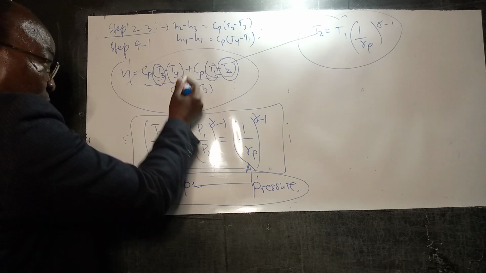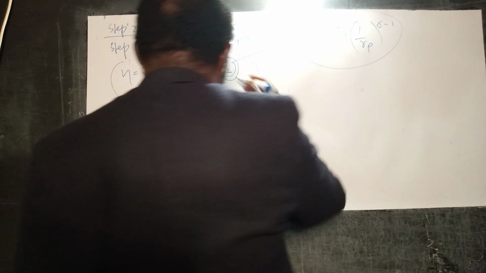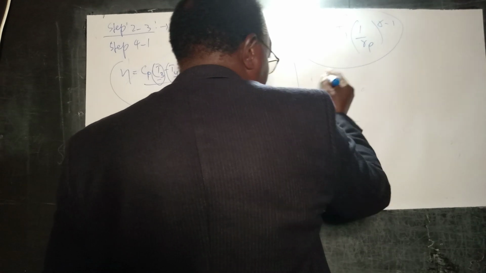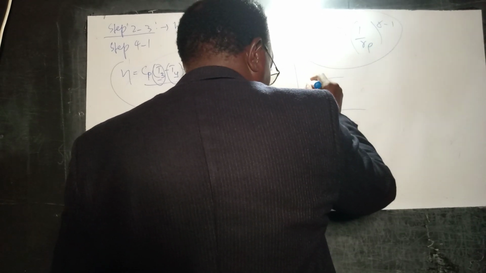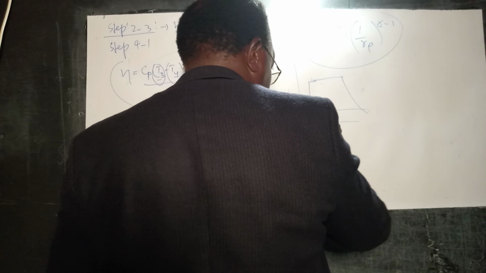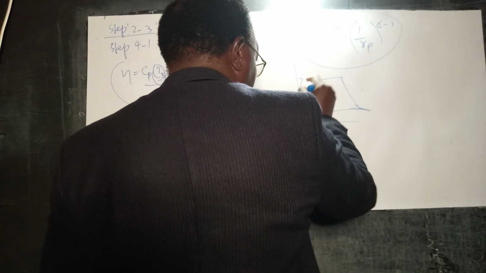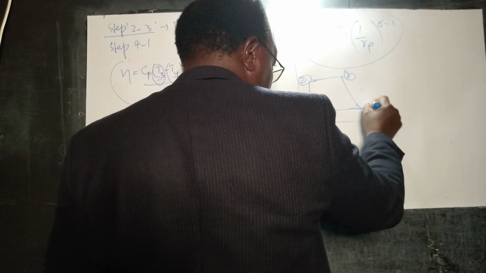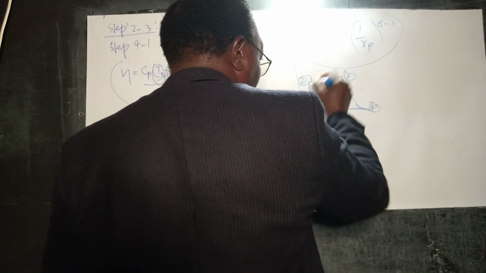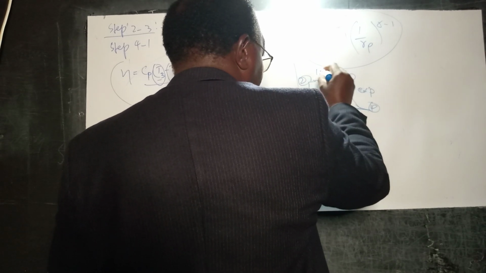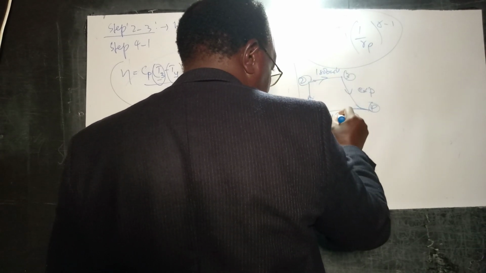Now in the same way for T3 and T4, just remember from our diagram again, we go back there so that you are not lost. You have state point 1, state point 2, state point 3, state point 4. 1 to 2 is compression, 2 to 3 is isobaric expansion, isobaric.